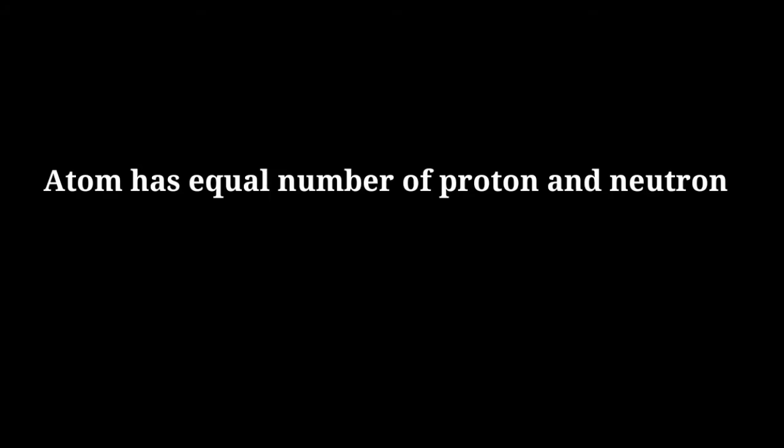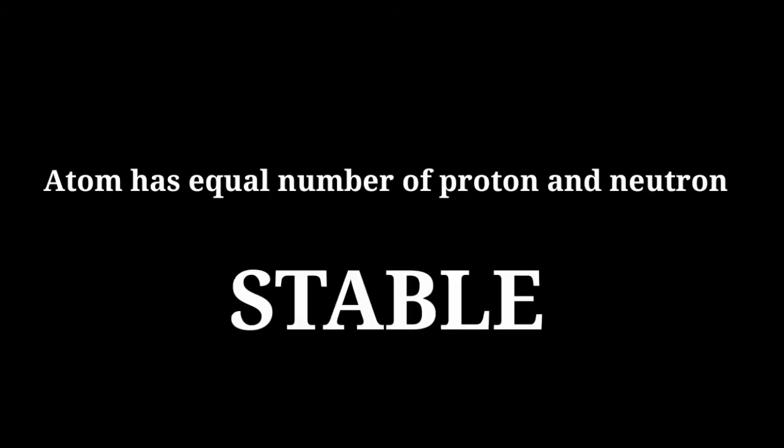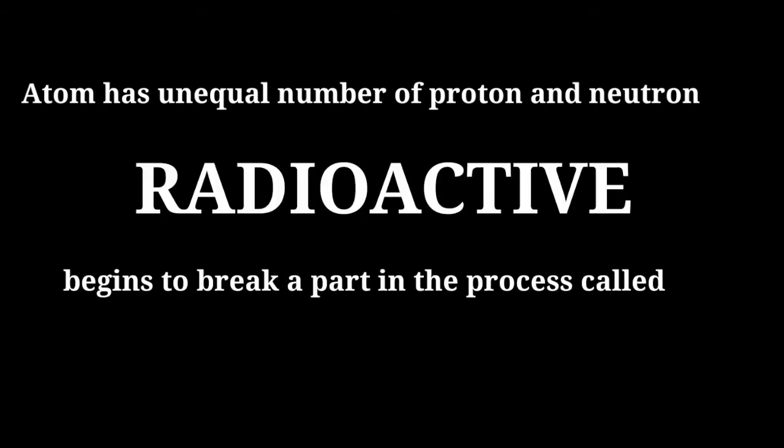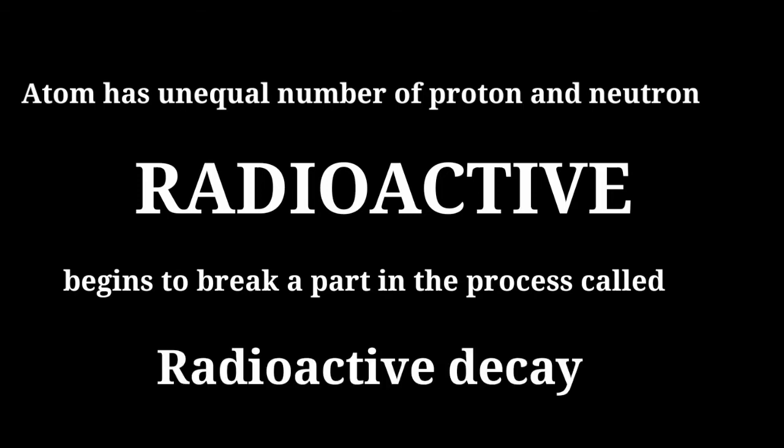Now, if the atom has an equal number of protons and neutrons, it is stable. But when an atom has an unequal number of protons and neutrons, it is radioactive or unstable and begins to break apart in a process called radioactive decay.